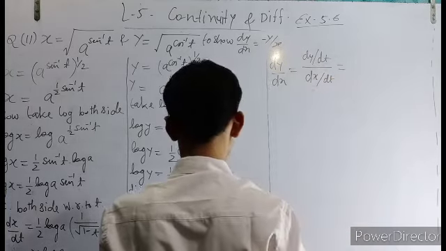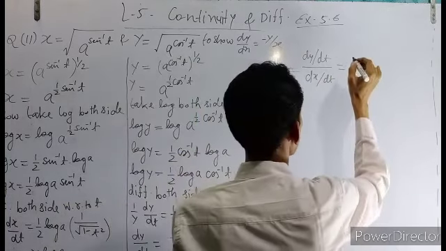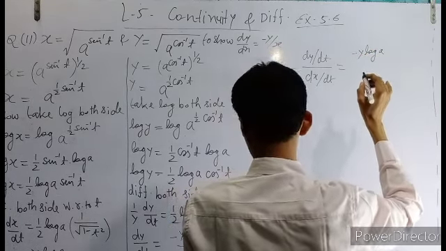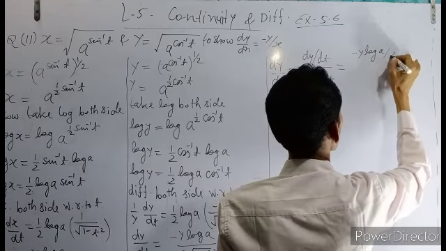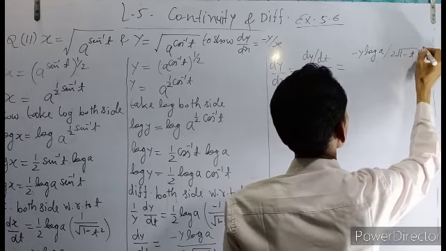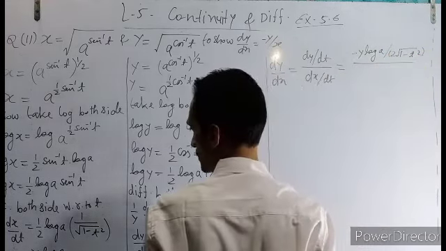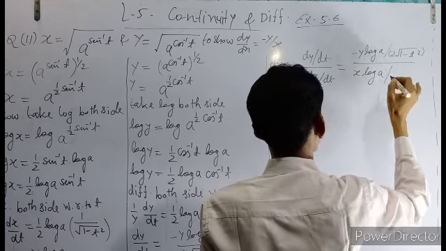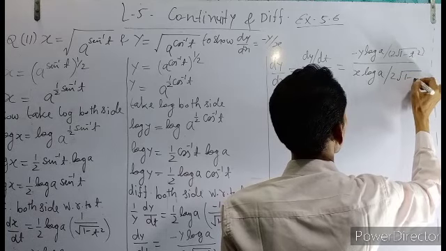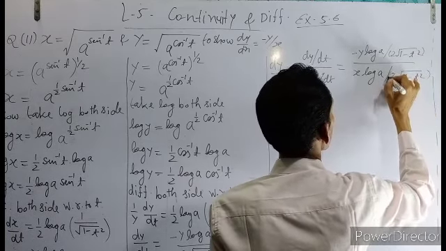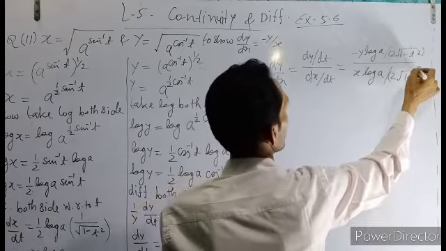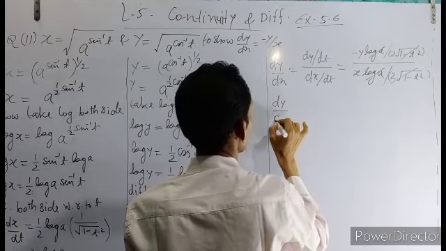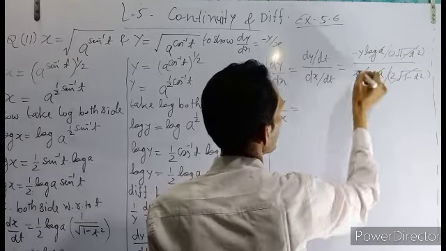Put the values of these two: minus y log a upon 2 under root 1 minus t square, and dx by dt is x log a upon 2 under root 1 minus t square. You can see that the denominator is the same, so this cancels out, and this is also cancelled. So dy by dx equals only minus y upon x.